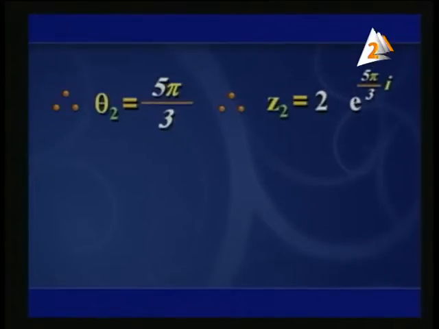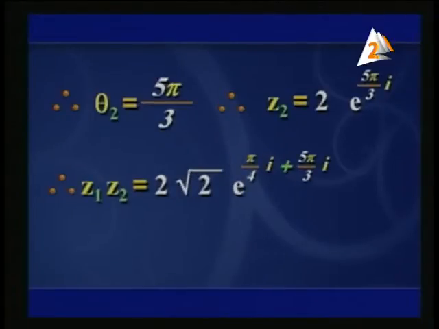Then z2 equals 2 e to the power 5 pi over 3 i. Then z1 z2, the product of z1 and z2, equals 2 root 2 e to the power (pi over 4 i plus 5 pi over 3 i) equals 2 root 2 e to the power 23 pi over 12 i.